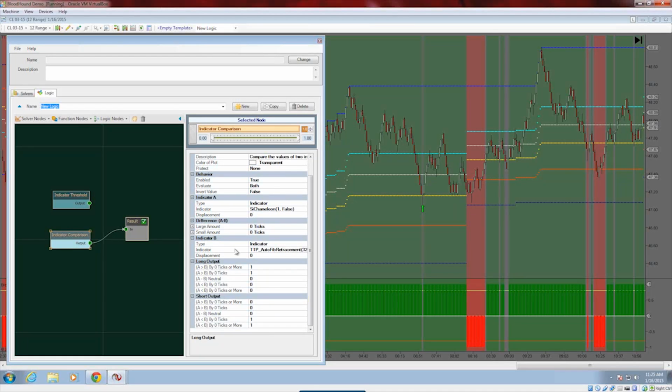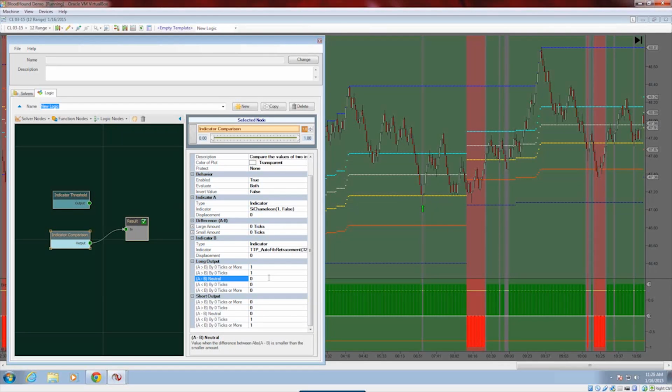And really understanding the way this works between A and B, long output and short, where you have A greater than B by 0 ticks or more, and then neutral, and so on. Really getting in and understanding how this works is going to catapult you into a full understanding of BloodHound much more quickly than if you just gloss over each individual solver first, and then end up losing that information.